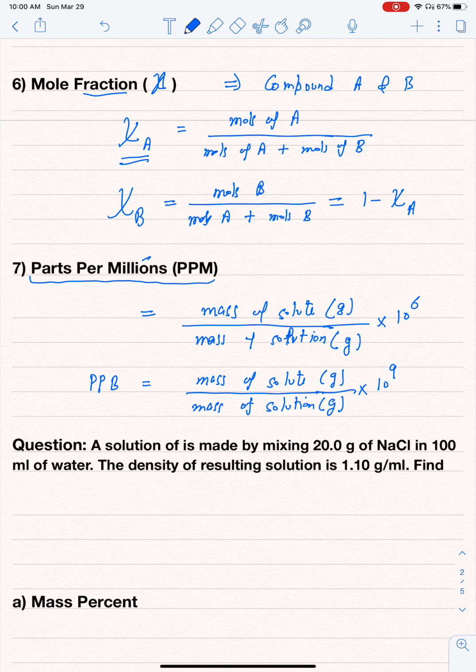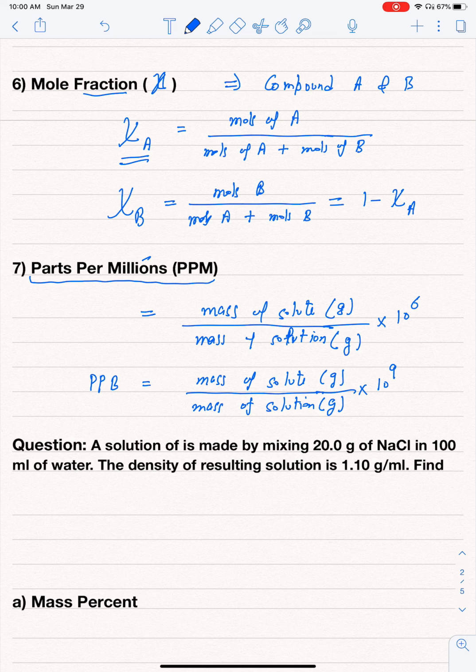And then you can also have ppt, which is parts per trillion, but if you understand how you calculate the problems using parts per million, you should not have any problems doing ppb or even ppt.